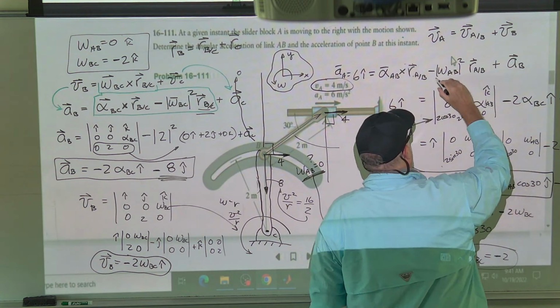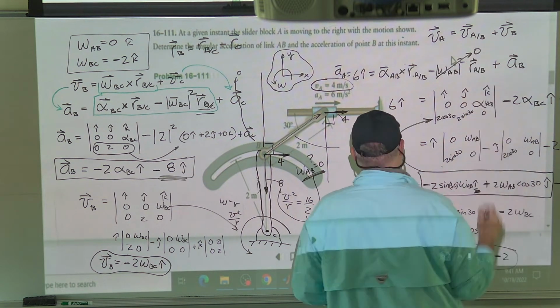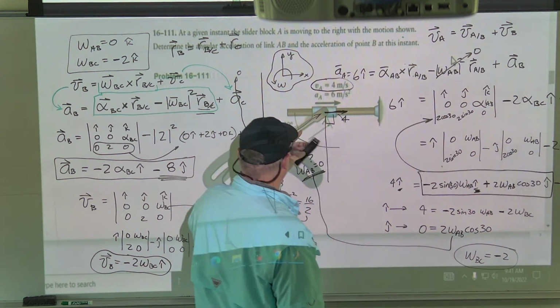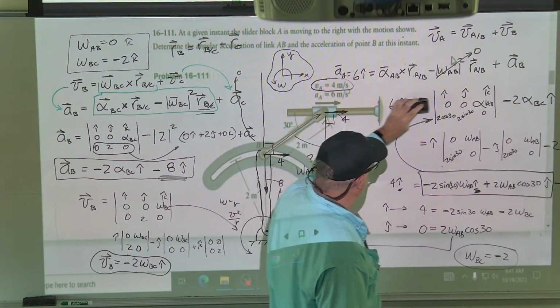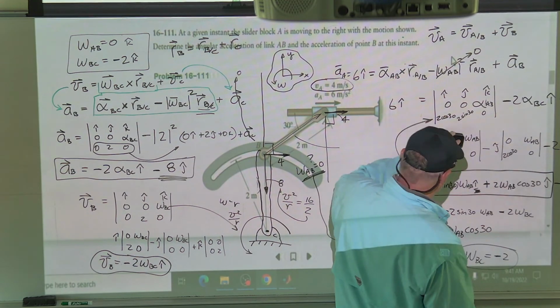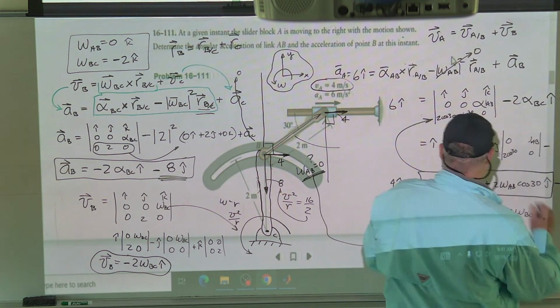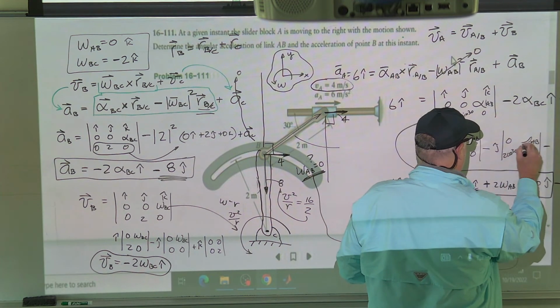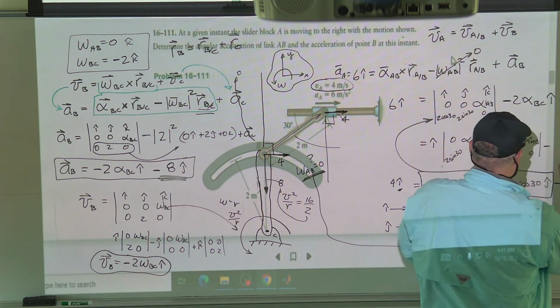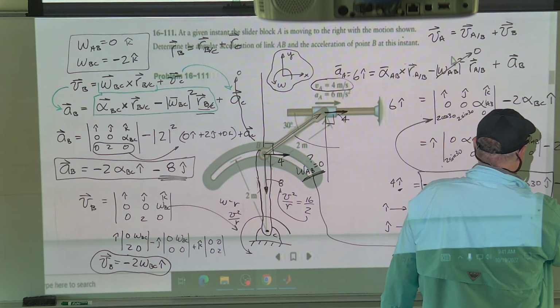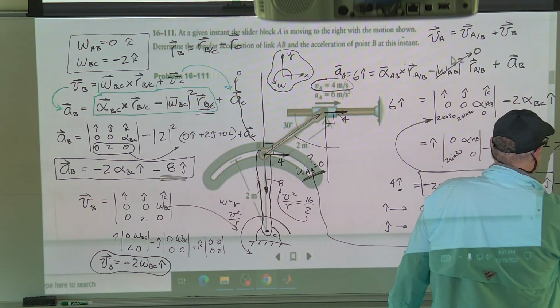Now, this term just so happens that it's 0 because this is in translation. So that's the equation. So what's funny, I go through here, and alpha, this is the magic of the alpha B, C, I, minus 8j.